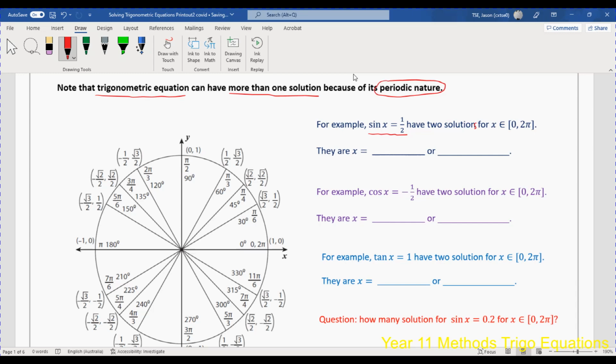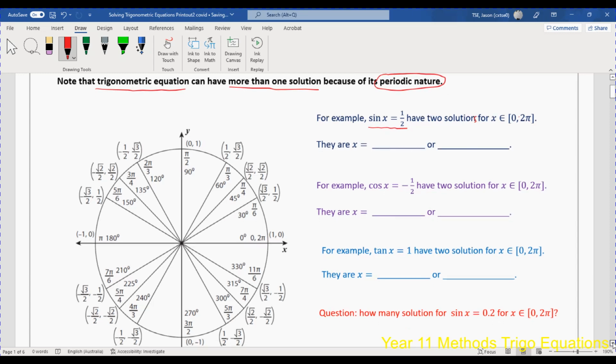That means x between 0 and 2 pi. That's the most typical domain for x, just 0 to 2 pi. That means one turn on the unit circle. All right, so let's see where the x values are so that sine x equals a half.